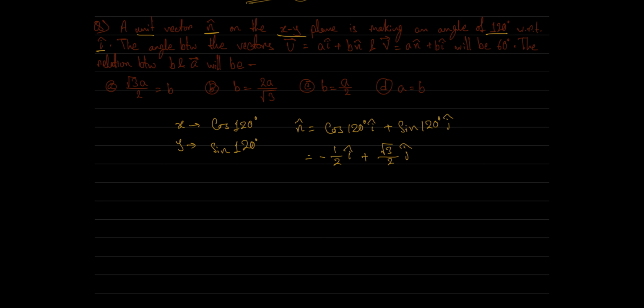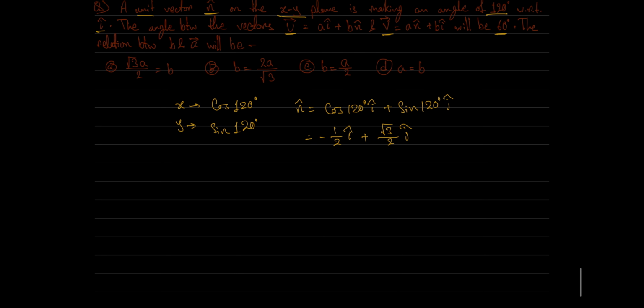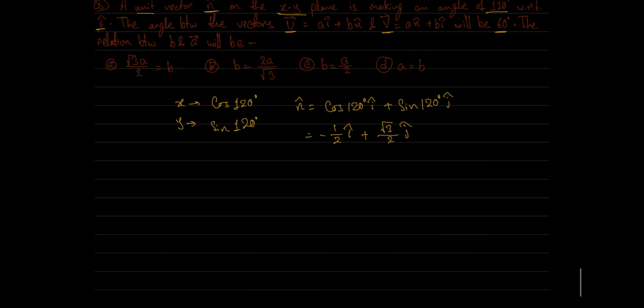Here we are given two vectors, u and v, and the angle between them is 60 degrees. So what will the u vector be? The vector will be a i cap plus b n cap, equal to a i cap plus b into minus half i cap plus root 3 by 2 j cap.